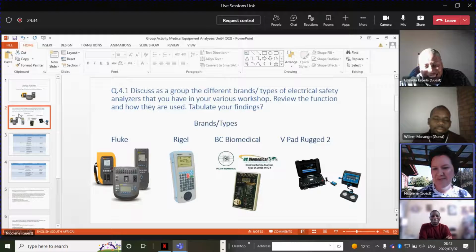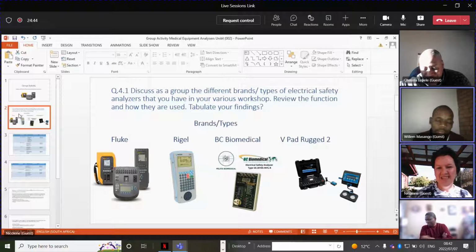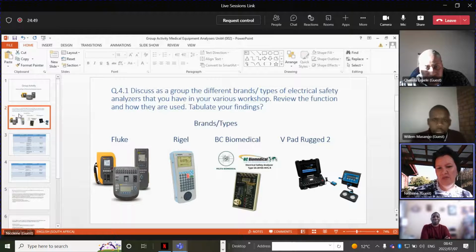I wish I had one of these models in my workshop. It's the VPAD. I don't know even how to pronounce it. Rugged 2. Yeah, Rugged 2. So yeah, these are the brands that we know between the three of us, and that some of us have used as well.